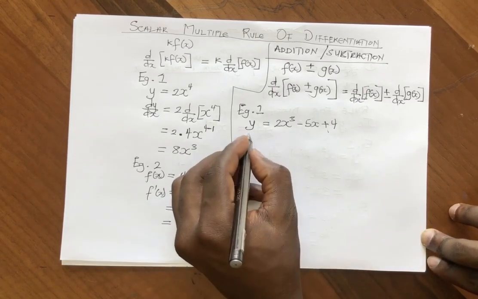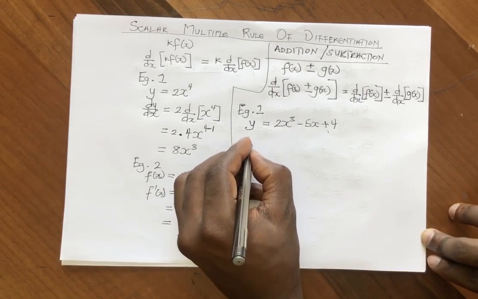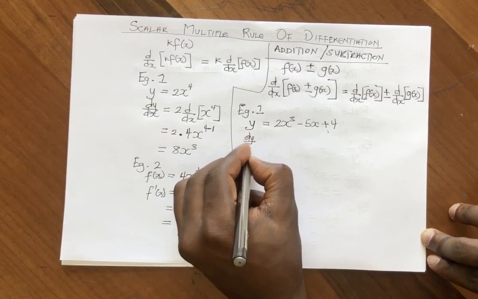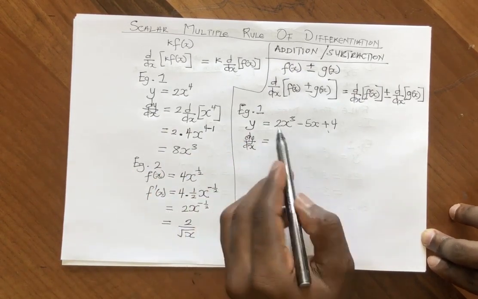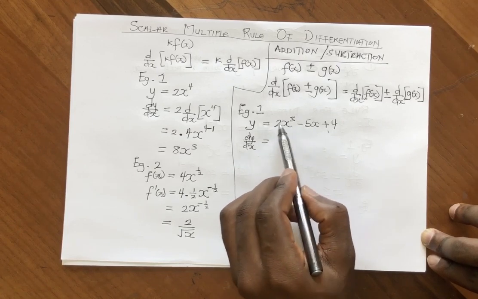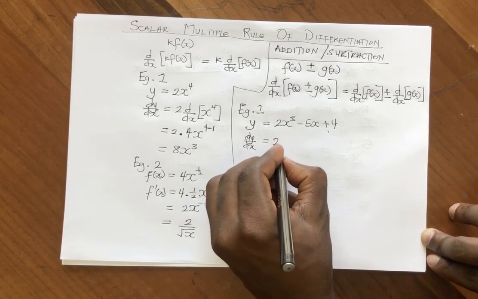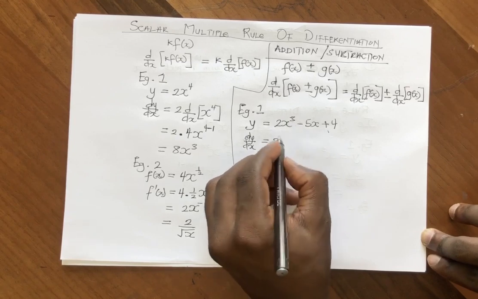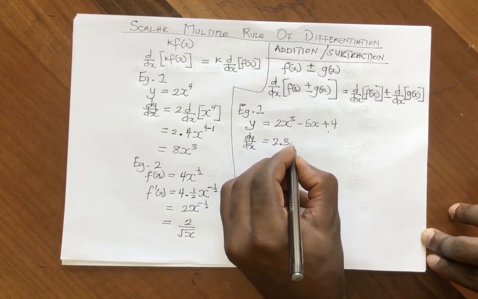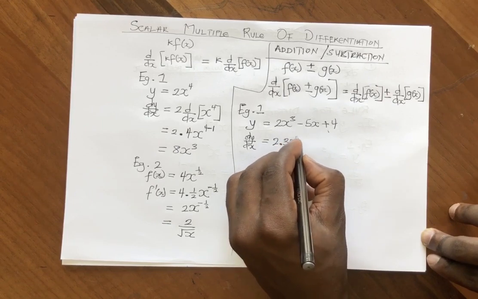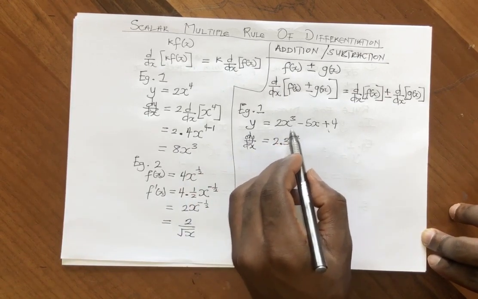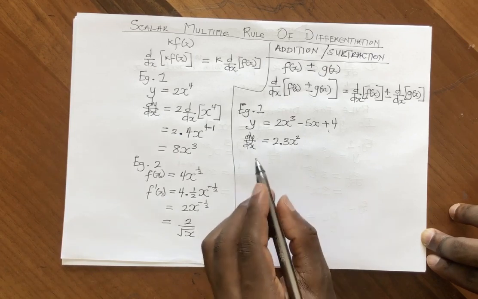So dy dx, remember that we just treated the scalar multiple rule. So we will keep the 2 constant, then the 3 will come down, and then we subtract 1 from the power, which will be 2. So we differentiate this on its own. This is what we have.